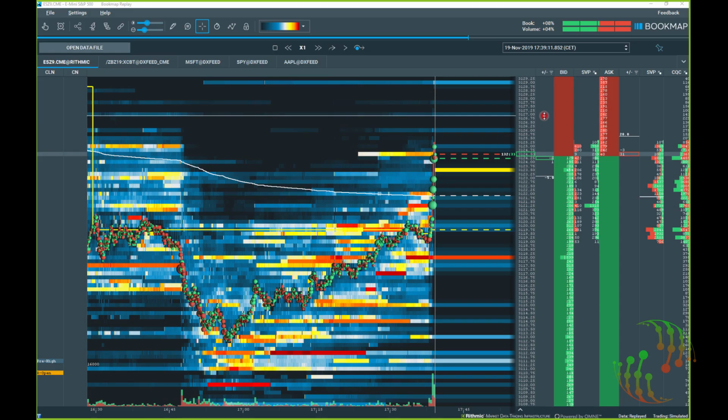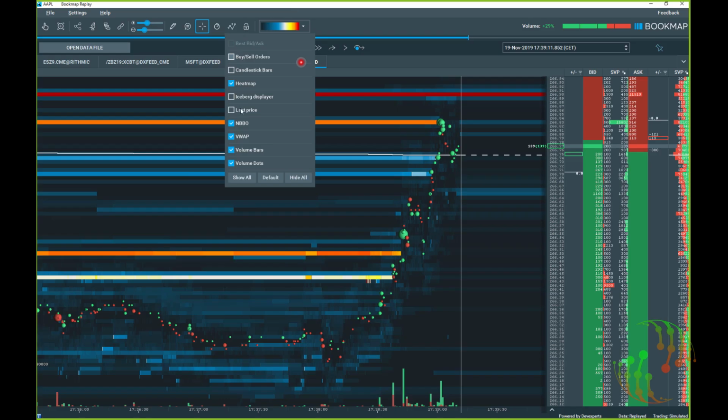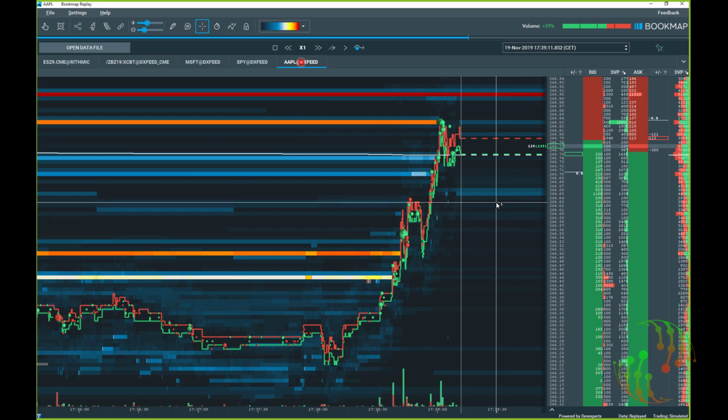If you are trading Apple, for example, I have Apple here, look here. You see this huge number sitting here, 15,000 shares traded at 66.83 here. We have 11,000 shares sitting at 66.90.